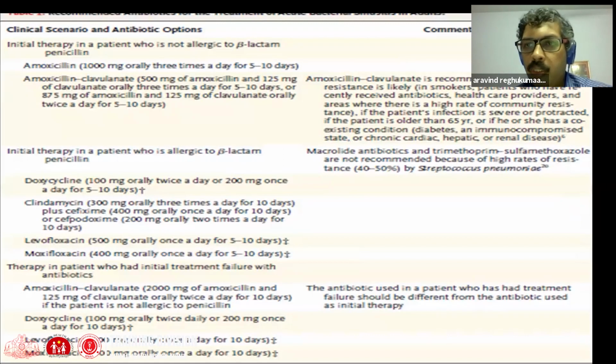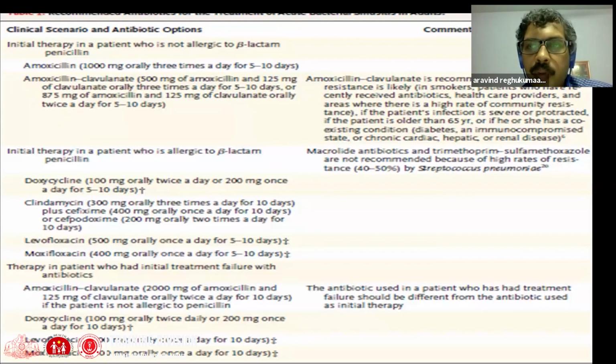Then you should ask the question: is it viral or bacterial? Since the patient has been having high-grade fever, purulent nasal discharge, and facial pain for 4 days, it's likely to be bacterial. So if it is bacterial, what are the likely organisms? You should know that it's likely to be pneumococcus, H. influenza, or Moraxella. So then the drug of choice in such situations happens to be amoxicillin.